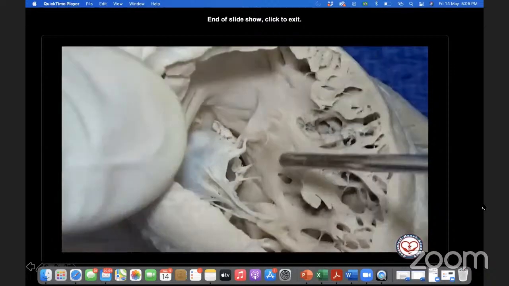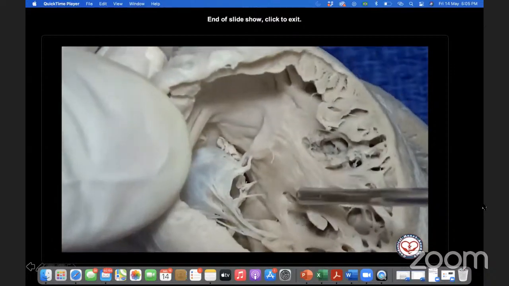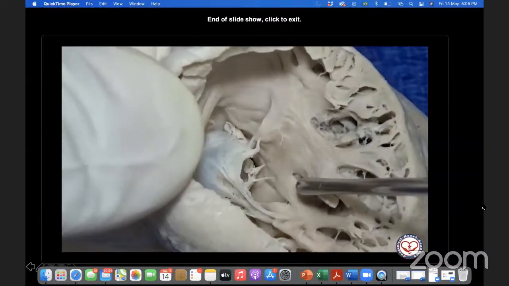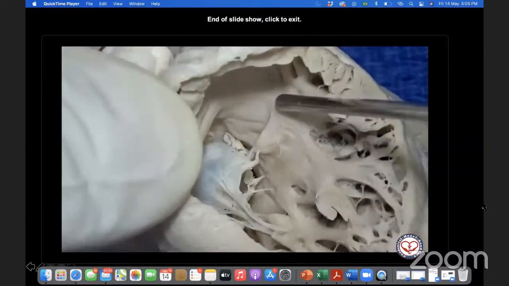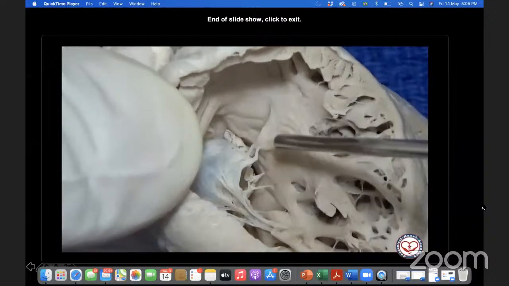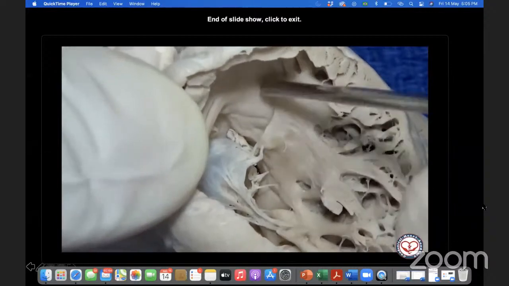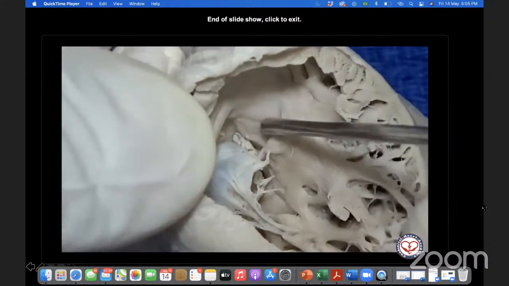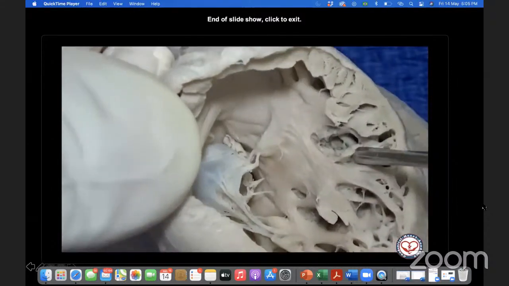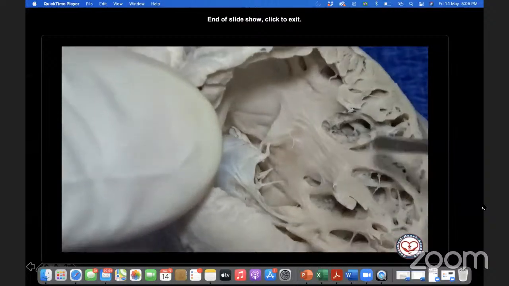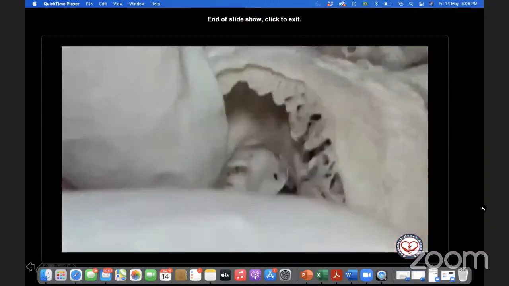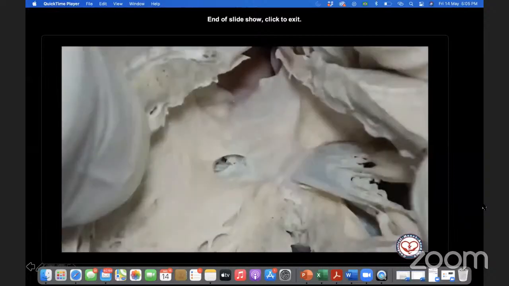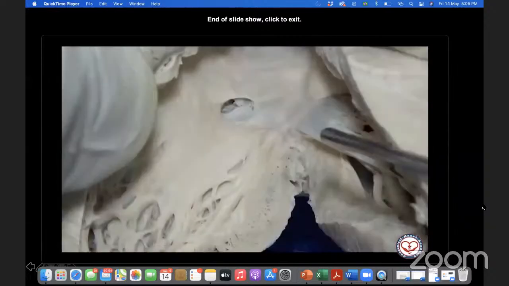The septomarginal trabeculation and the supraventricular crest are normally related, so that here is the cephalic arm and the caudal arm with the medial papillary muscle and the supraventricular crest inserting between the limbs of the septomarginal trabeculation in normal fashion. The defect from the left side shows us that it is indeed tiny, and it is perimembranous.